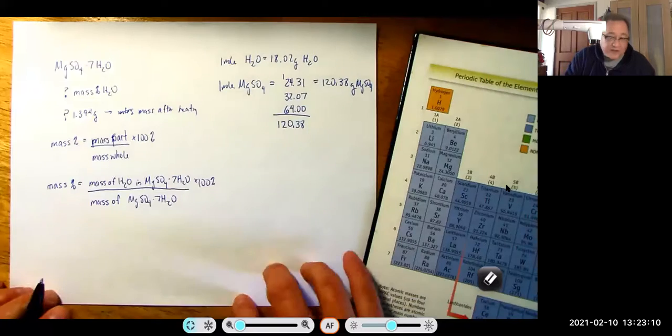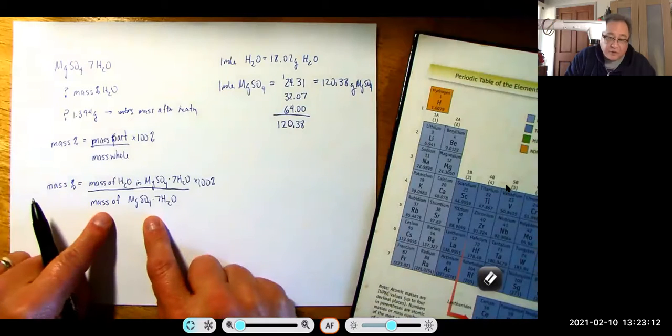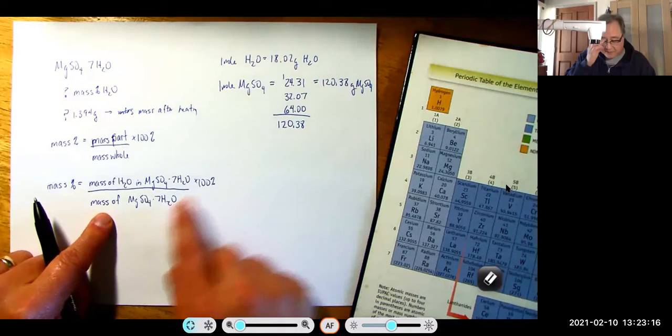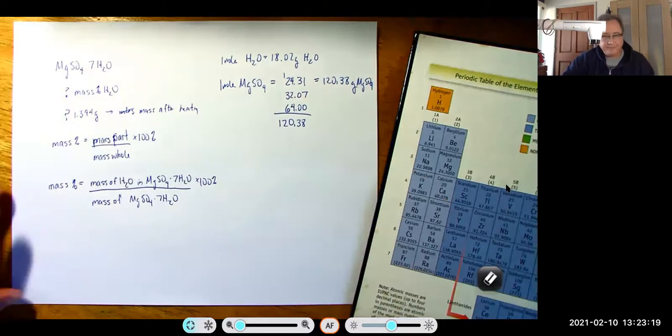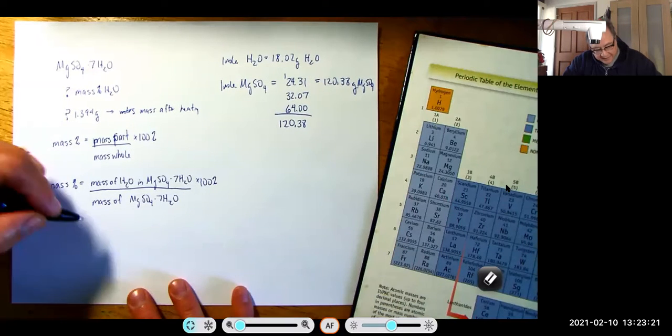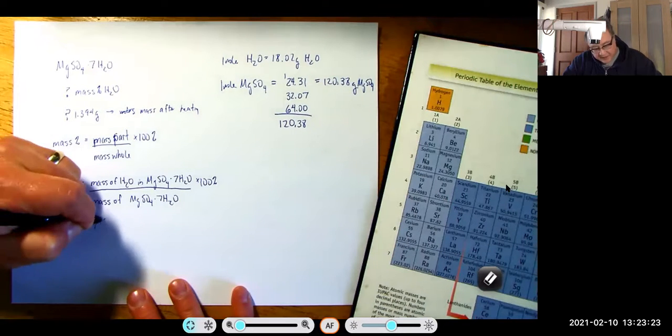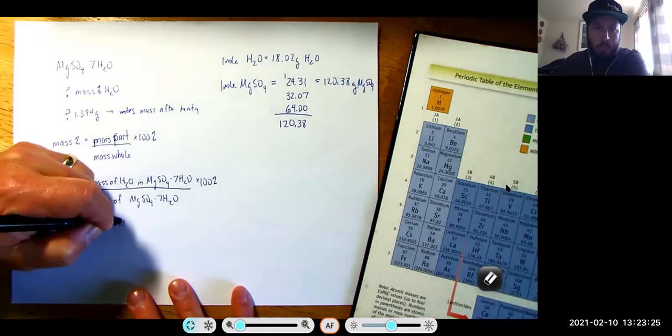Now you notice I didn't bother getting the mass of magnesium sulfate heptahydrate because I can do it from these numbers. So here we're going to have 7 times 18.02 grams.